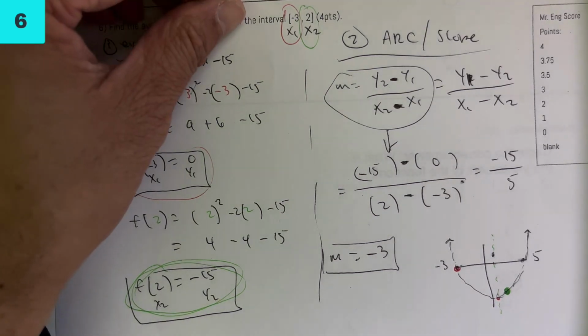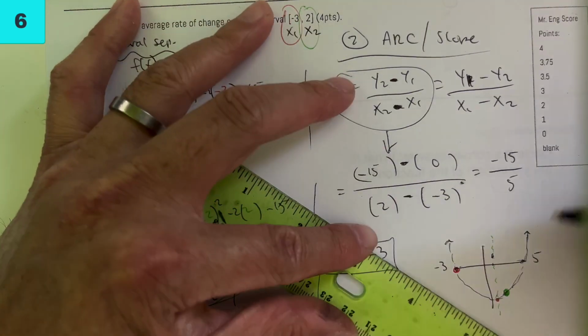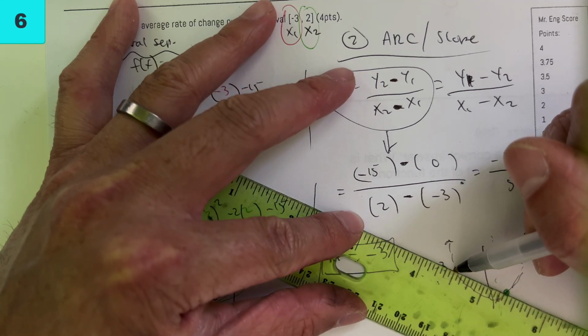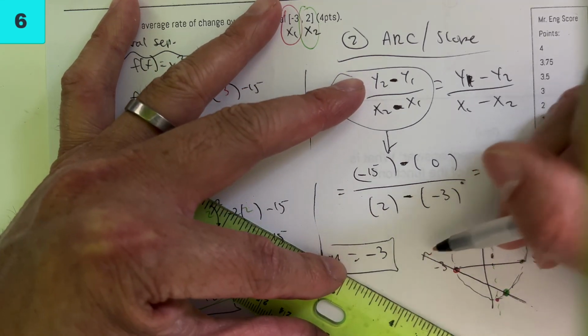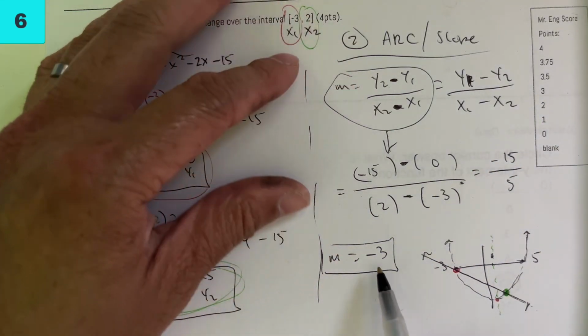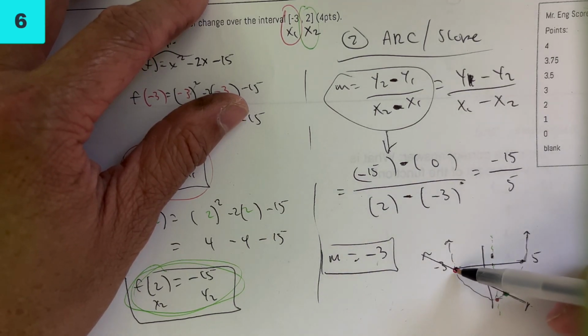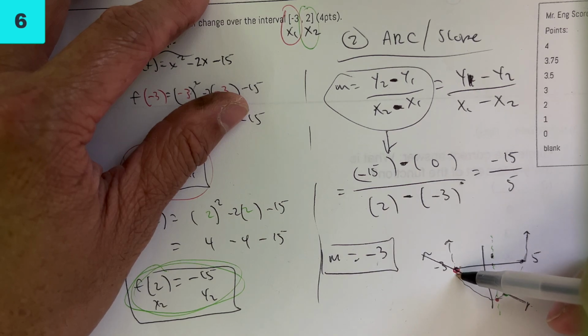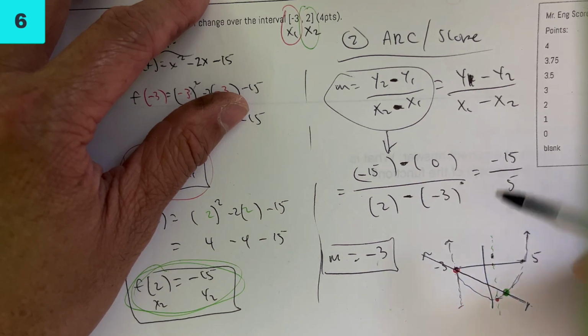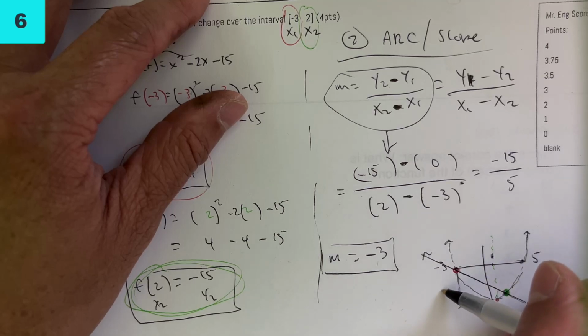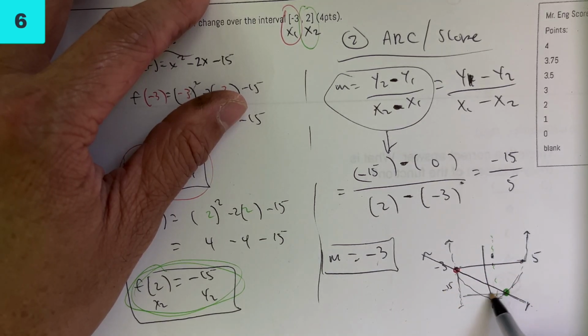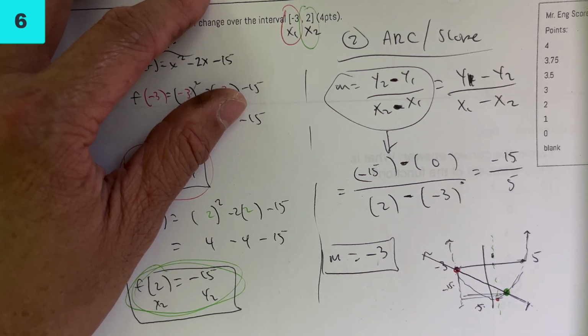We're saying that the slope is negative 3. So it's negative, it's going down. Actually, we already know that. Rise over run, that's negative 15. And then the run would be 5. So negative 15 divided by 5 would be negative 3.